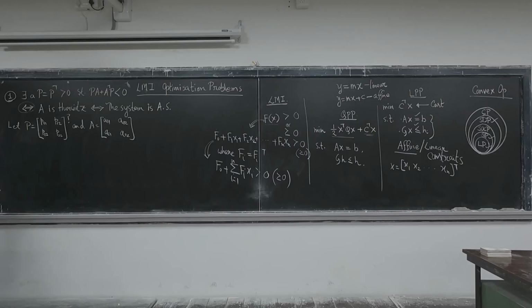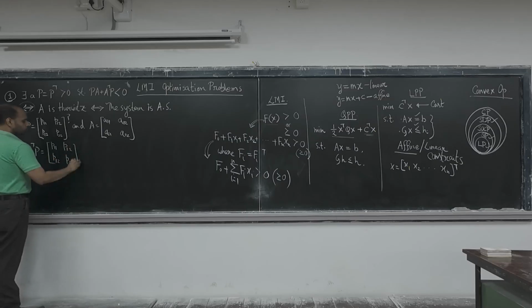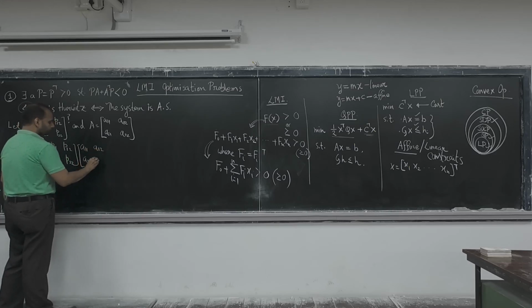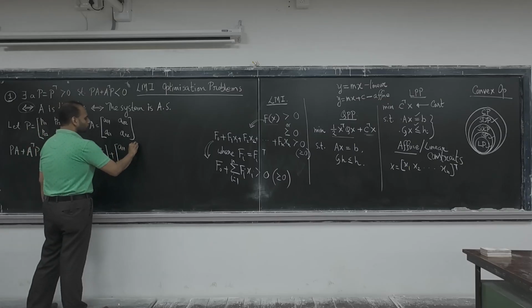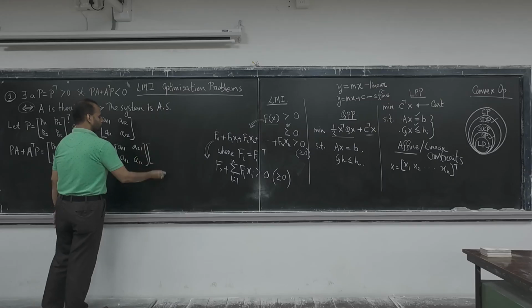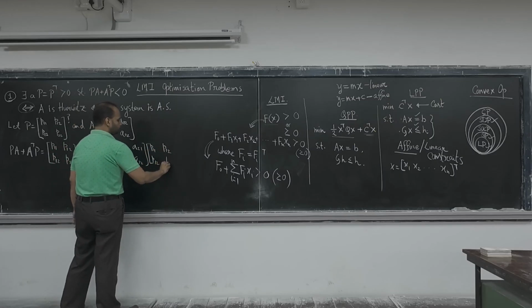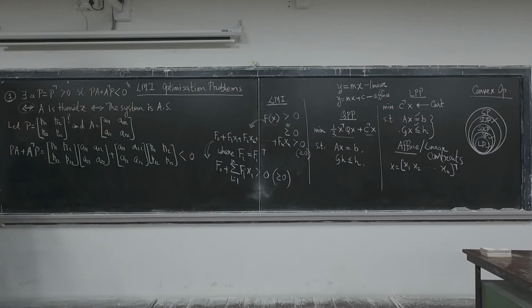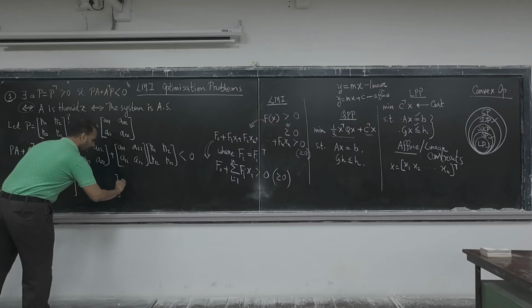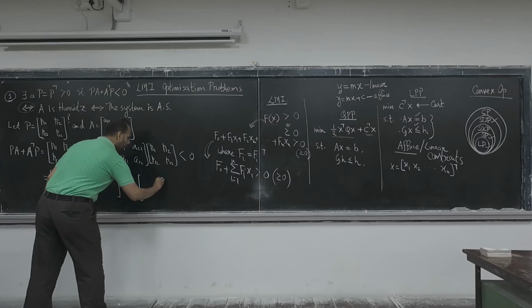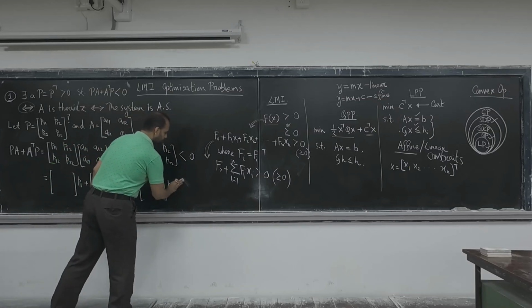Now you simply expand what is given by PA plus A transpose P. If you expand this term, then you will find we can easily represent this whole thing as some matrix into P11 plus another matrix into P12 plus another matrix into P22, and then it will be less than 0.